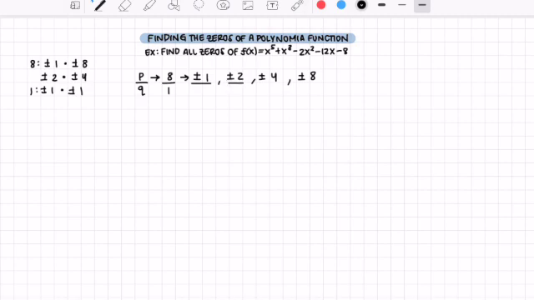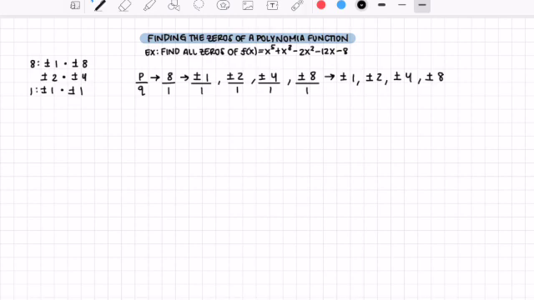So it's nice because the bottom is all 1s: 1, 1, 1, and 1. If I simplify these fractions, I just get plus or minus 1, 2, 4, and 8. And those are the possible factors of the polynomial function.